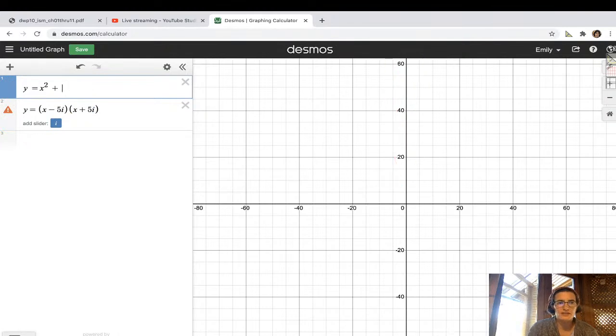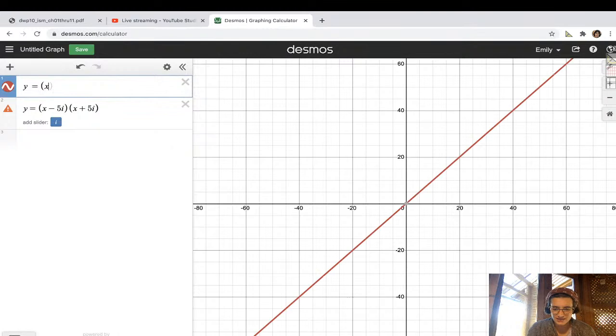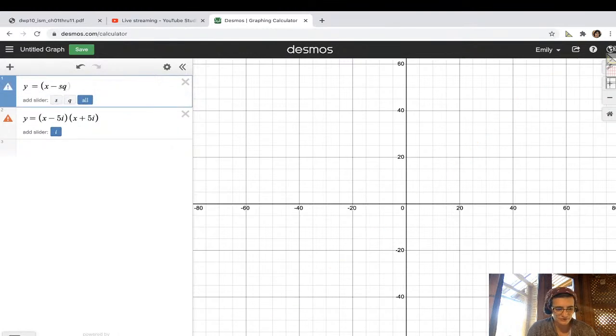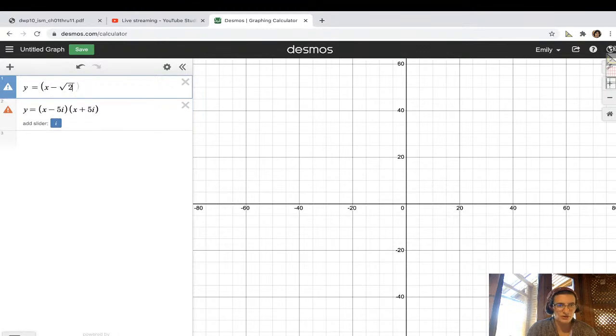All right, we can also look at this when we have square roots. So let's say x minus the square root of 2. Square root of 2 is a root.